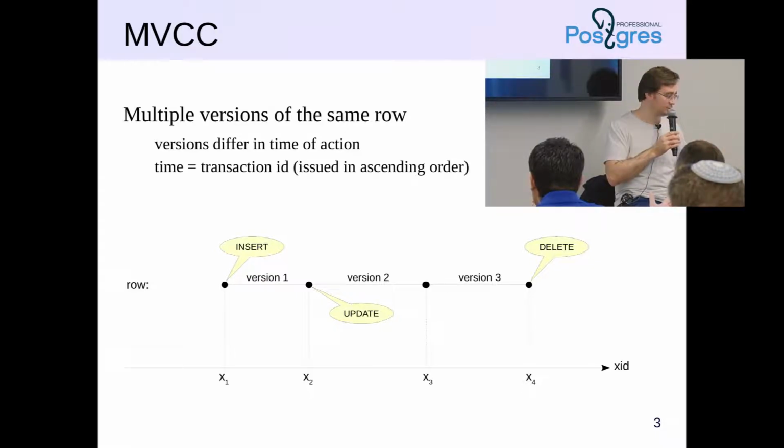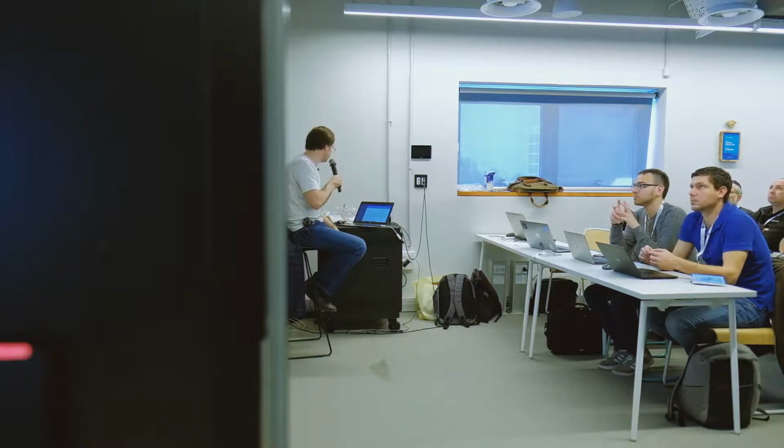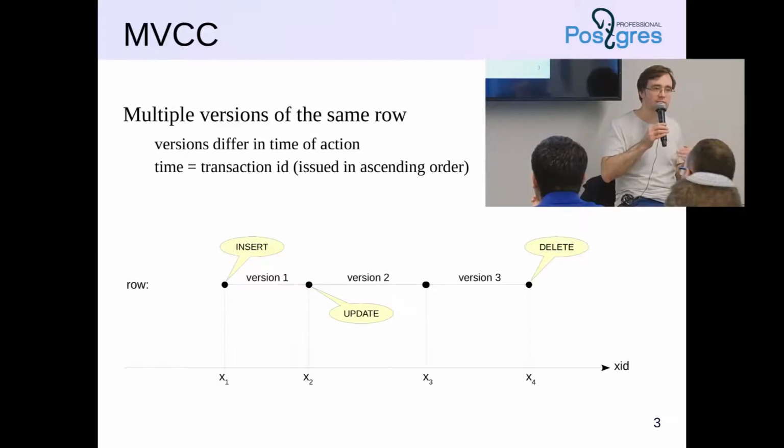So we have several versions, and to distinguish these versions, we must know their start time and end time. Postgres doesn't use timestamps for that. It uses transaction identifiers. Transaction identifiers in Postgres are sequentially increasing, so we can use them like a tick counter.